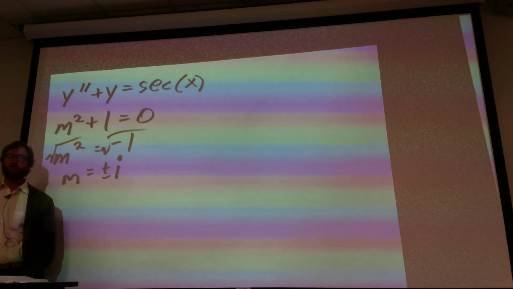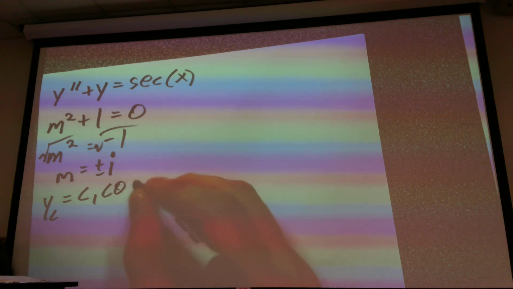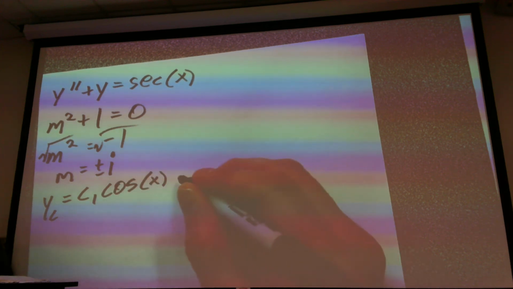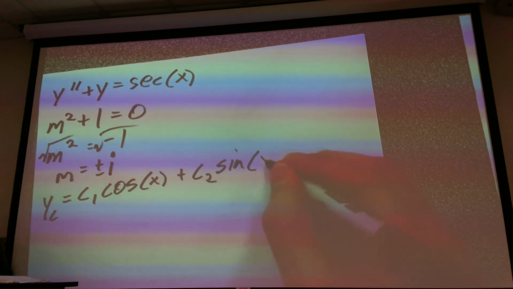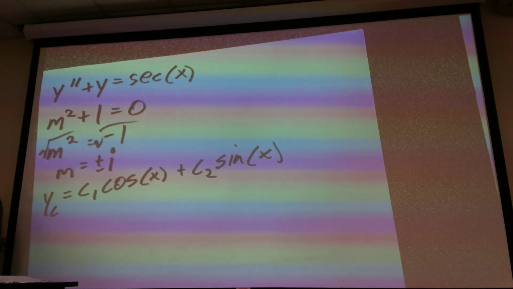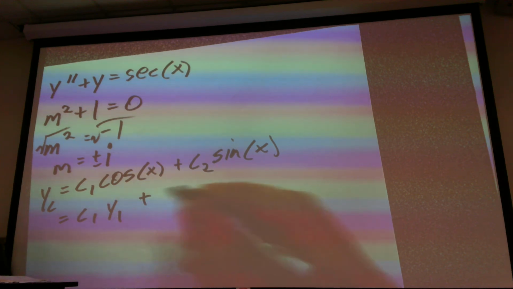Now remember, whenever you get into the complex domain, you're getting into sines and cosines because of Euler's formula. So y sub c is going to equal c1 cosine x plus c2 sine x. So this right here is c1 y1 plus c2 y2.